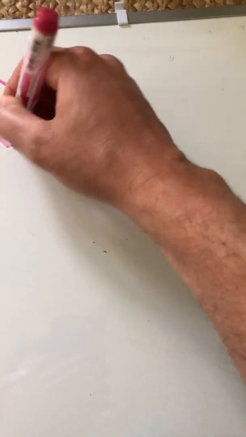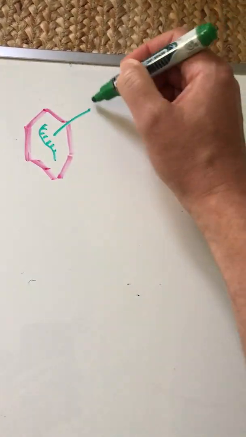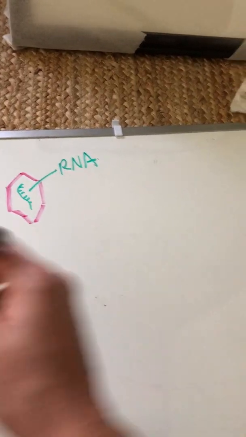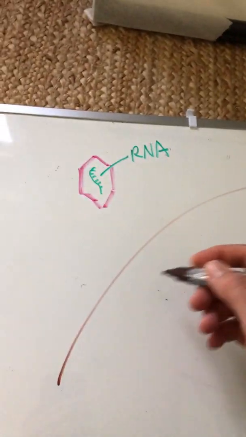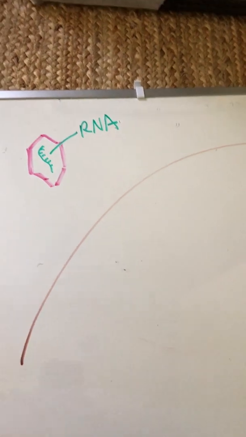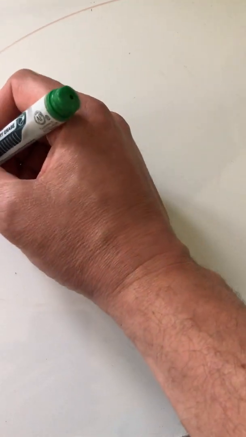I'm going to draw a little virus shape here that carries its genetic material as RNA. So here is some single-stranded RNA, right? And when a retrovirus infects a host cell, like if this is a eukaryotic cell here, it attaches to an antigen on the surface and injects its RNA into the cell, and this is basically mRNA.